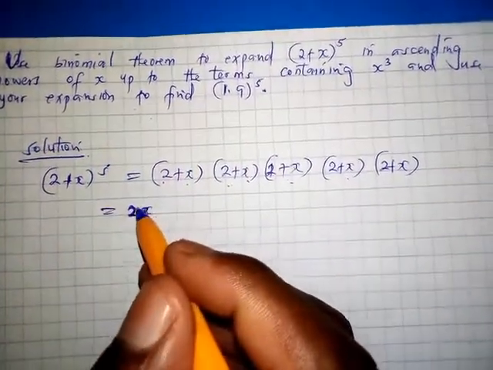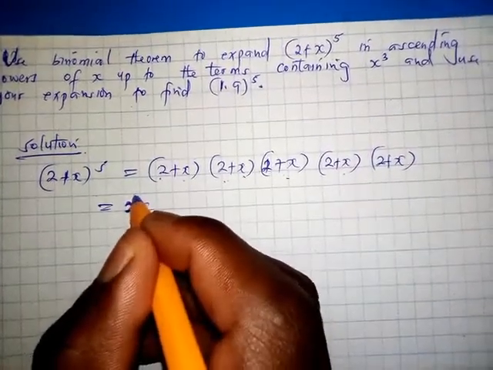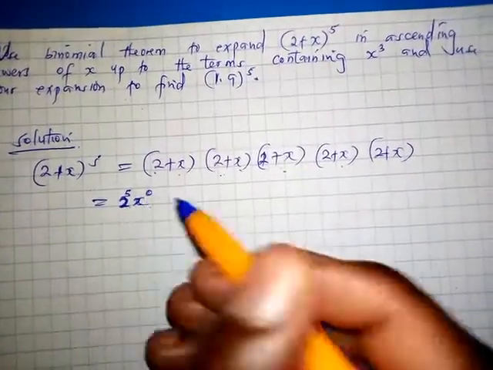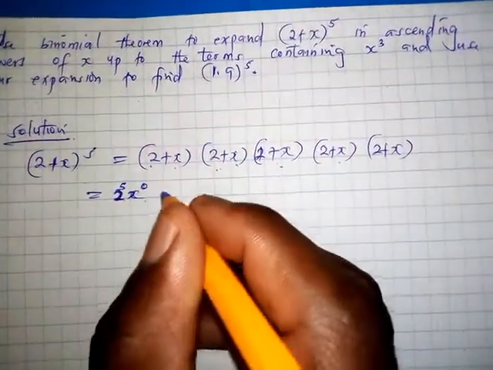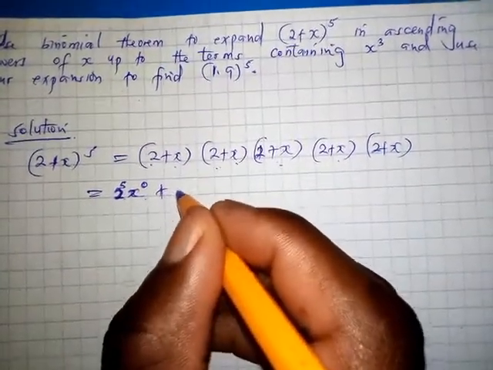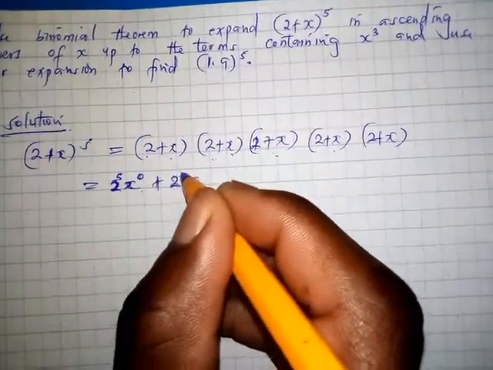So we start with the highest power for 2, which is 5, and x will be to the power 0. Plus 2 to the power 4, and x to the power 1.